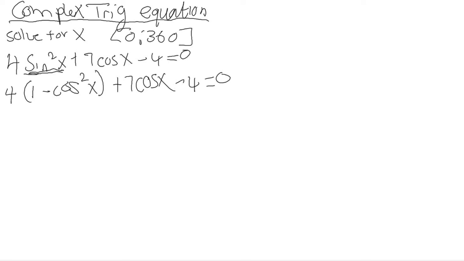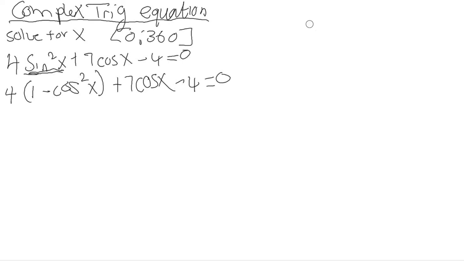If you check, sine squared x comes from cos squared x plus sine squared x being equal to 1. So now we just made sine squared x the subject of the formula. So that's the thing.